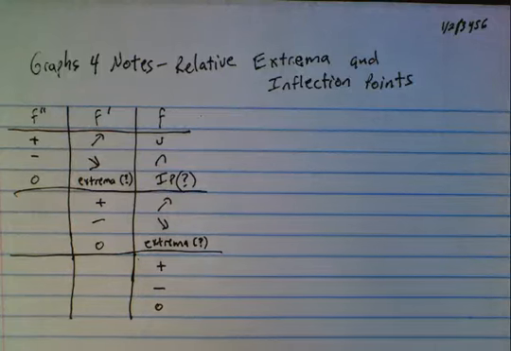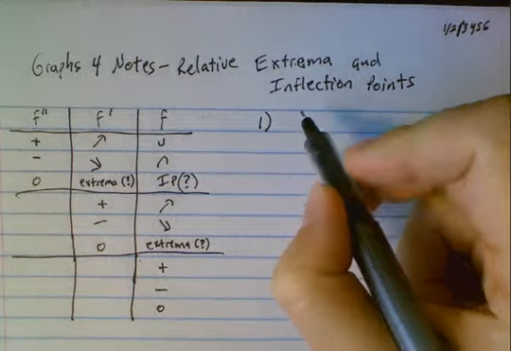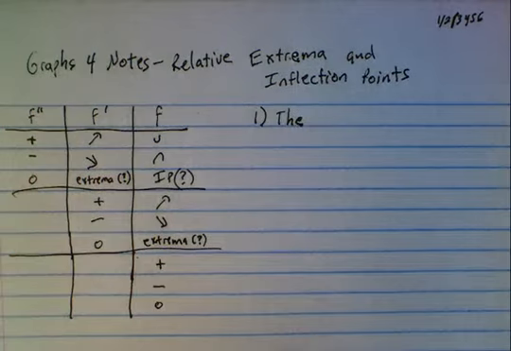So, what we're doing today, sometimes we don't need the whole graph sketched. Sometimes we just want to find the x values where a function has particular characteristics. So let's give an example. Actually, let's give ourselves lots of room.